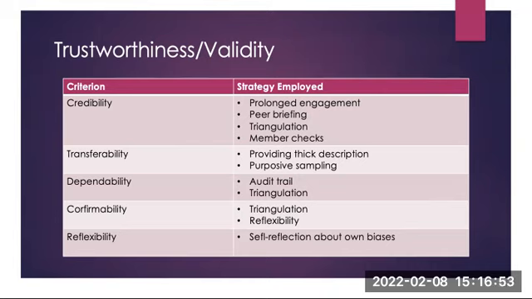Again, triangulation, we already talked about how different sources of data should be used. Confirmability refers to the degree to which the findings of the research study could be confirmed by other researchers, or it also refers to the neutrality of the research.